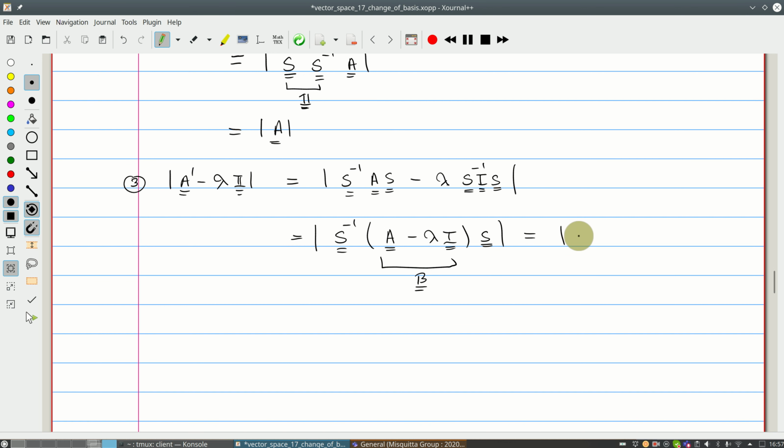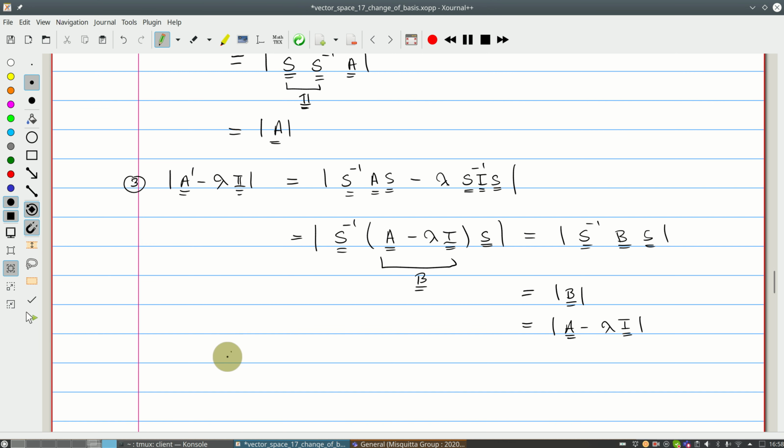So this is equal to the determinant of S inverse B S, and now we can use cyclic permutations. Determinant remains the same. That's equal to the determinant of, in fact, from the previous result, the determinant of B, and B itself is this matrix, which is A minus lambda I. Therefore, the secular equations are the same, because from here you will get some nth order polynomial, and the nth order polynomial from here will be the same as this one here.